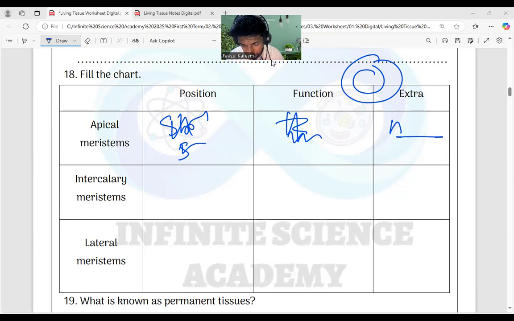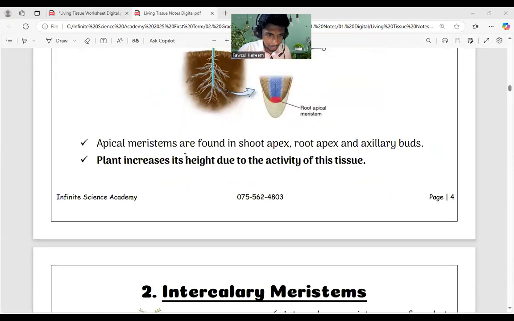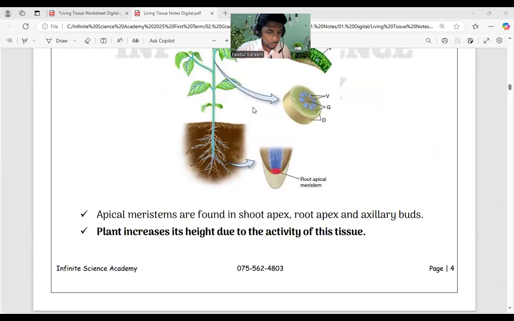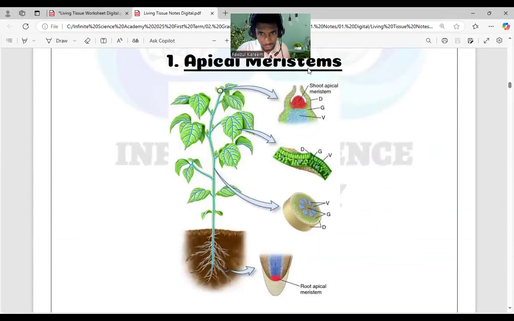Right, that's all. Any others sending the others? Okay, I said now, okay, right. So Bilal, these are the things; we'll move to the notes and we'll get the idea. Lateral meristem, apical meristem are found at the shoot apex and the root apex of the axillary buds. The shoot apex and the root apex, what is the function?